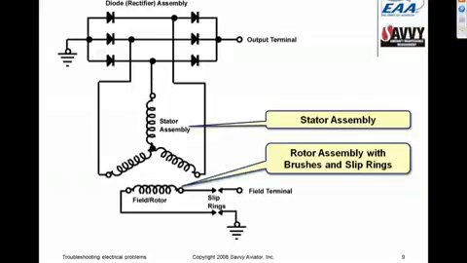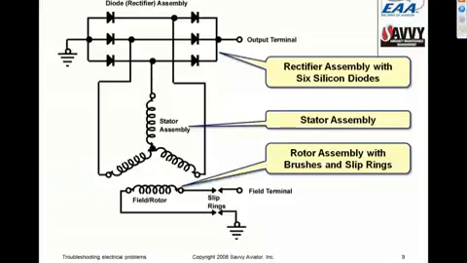There's a stator assembly, which are the big heavy wires on the outside of the alternator that don't turn, where the three-phase alternating current is induced by the rotation of the rotor. And then there's the rectifier assembly, which has 6 silicon diodes and takes the three-phase AC that the stator generates and turns it into fairly good DC, which is what the airplane needs. When we have alternator whine, it's caused by a failure of one or more of these silicon diodes.